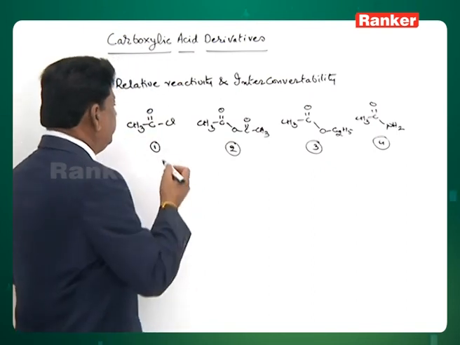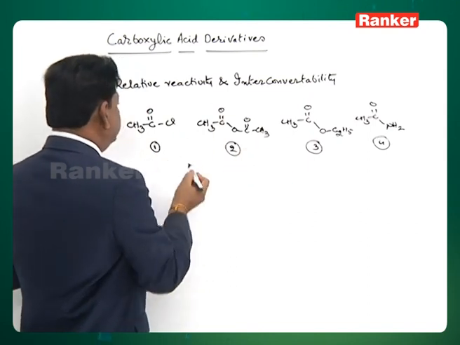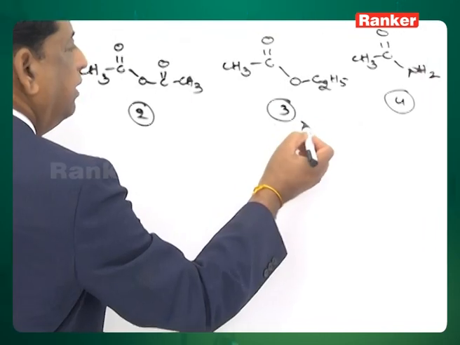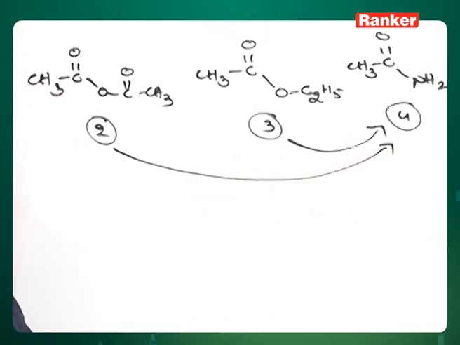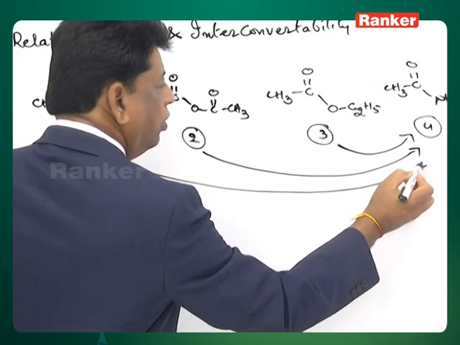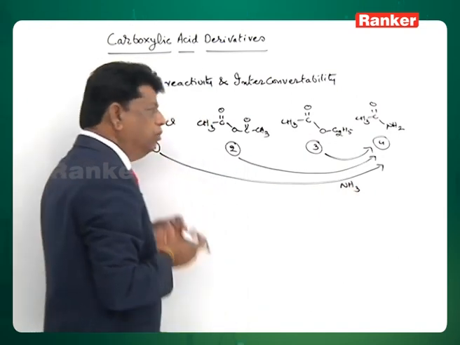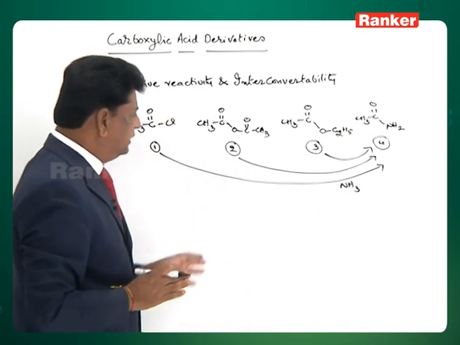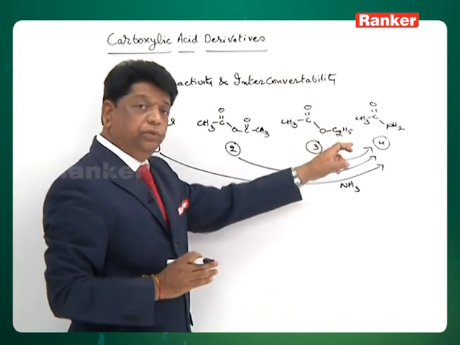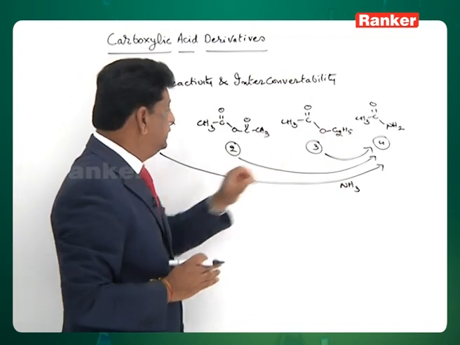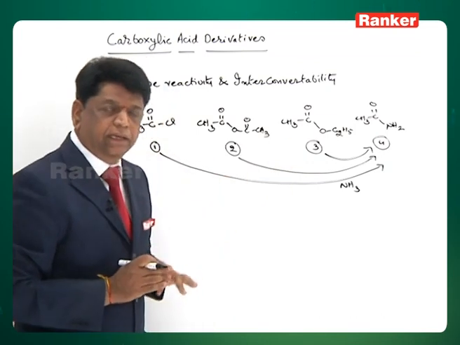Therefore, 1, 2, 3 are more reactive, they give the 4, isn't it? So 3 can be converted to 4, 2 can be converted to 4 and 1 can be converted to 4 by adding ammonia. You need not have any catalyst, just add ammonia. The NH2 minus happens to be the stronger base and replaces the leaving anion. What is the characteristic reaction?